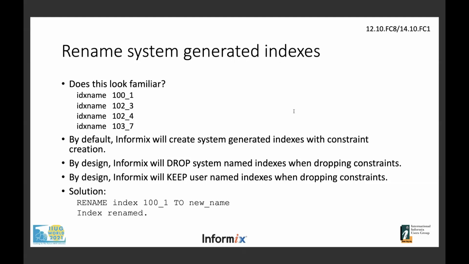So for many years, it's just kind of hard to diagnose things and monitor things when they're unfamiliar names. So we added the ability to just rename them. It's kind of a simple code change, and turned out to be something that a lot of people had asked for many years. So that was a pretty good one to make your database a little more friendly. And that was 12.10 FC8 and 14.10 FC1.